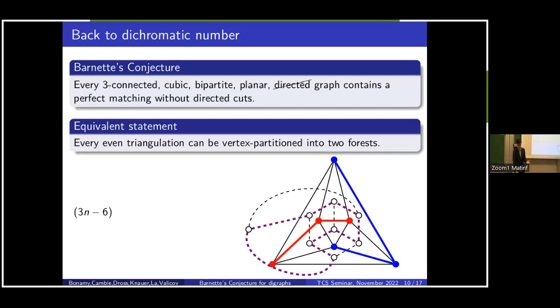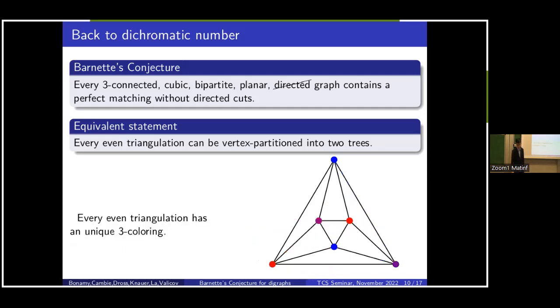You remove the edges from the cut set, right? So it's just counting the number of faces in a triangulation. So 2n minus 4, there are n minus 2 edges left divided between 2 4s. So each one of them must be maximal. So they are trees actually, right? So I can replace 4s by trees in my equivalent statement.